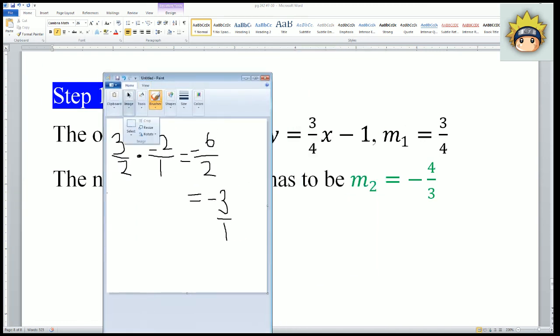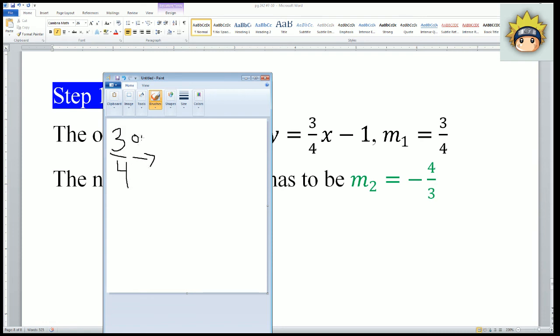And then some of you would like me to show that, so I will. 3 over 4, right? First of all, we find the opposite. What is the opposite of 3 over 4? Negative 3 over 4. What happens after opposite? We find the reciprocal. What is the reciprocal of negative 3 over 4?